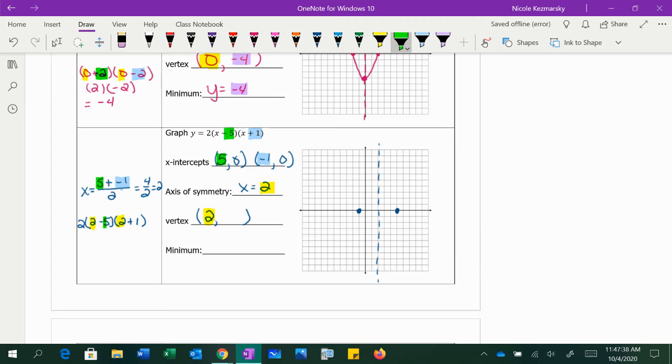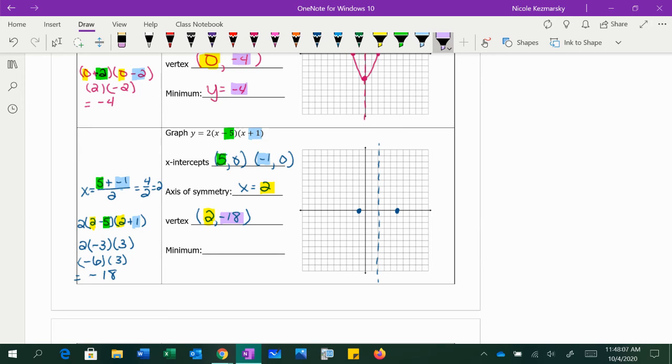I've got my x-intercept and my x-intercept. The 2 in front came with the formula, so that's why we're including it. So we've got 2 times -3 times 3. 2 times -3 is -6. -6 times 3 is -18. So we're going to have -18.